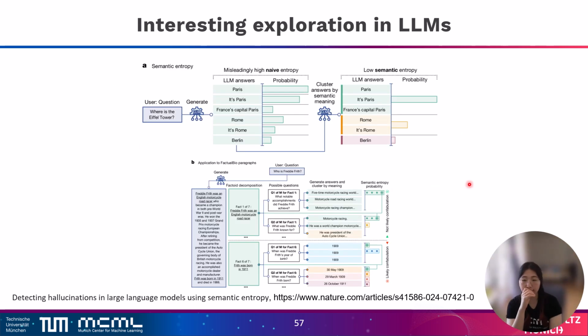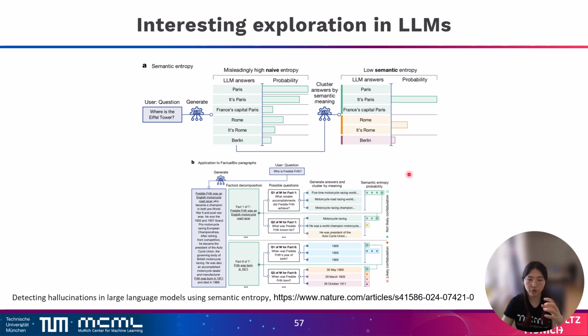And here is another paper about how to directly detect hallucination in the large language model. We already talked at the beginning about how every time the large language model generates a probability over the entire vocabulary set, and all the sentences are based on the probability of the words. Which means that every answer will have a probability.